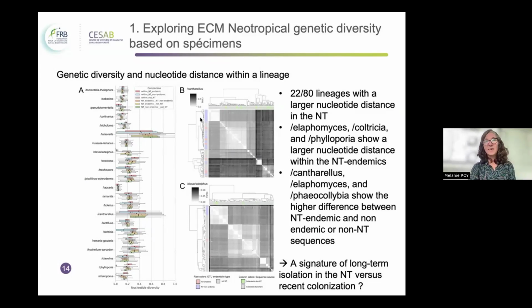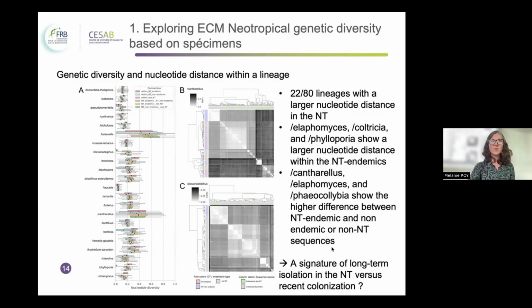In the phylogeny, there are some lineages that show a real difference in position, and also a clustering of their representatives. That's really visible in Cantharellus. Here you have all this gray cluster, the position belonging to the neotropics, and they all cluster together.